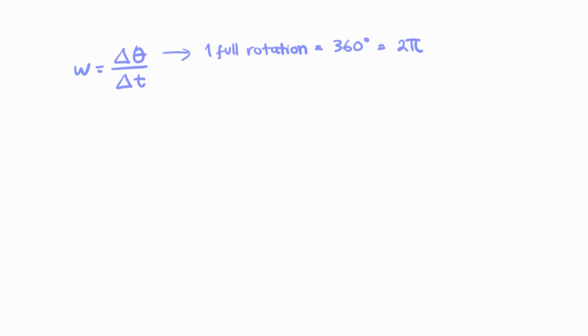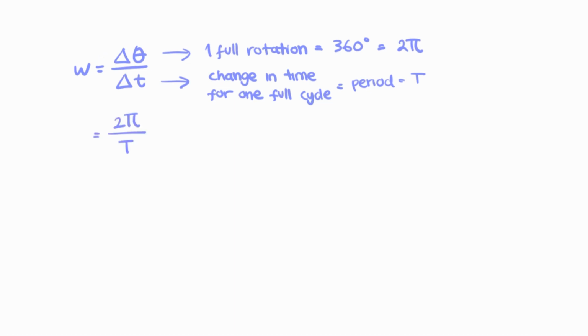Meanwhile, delta time, or change in time, for one full cycle is also known as a period, which can be labeled as capital T. This means that we can change the equation for angular velocity to equal 2 pi radians over a period. And since 1 per period equals frequency, we can change that equation again to become 2 pi radians times frequency.